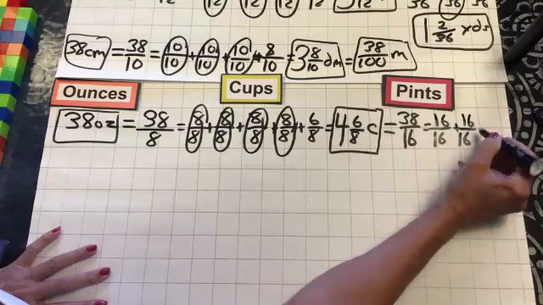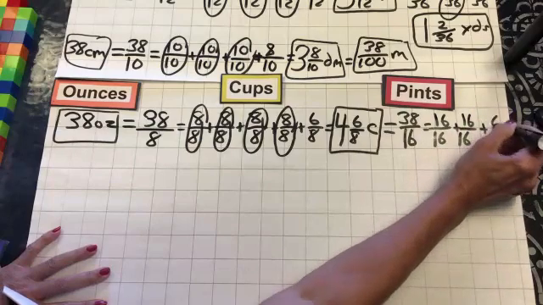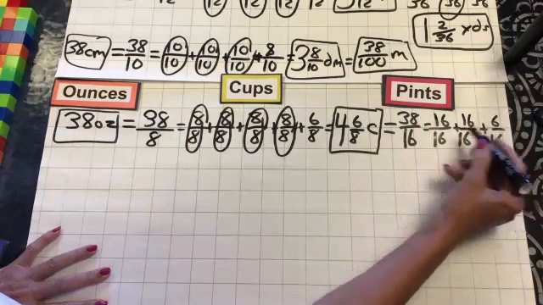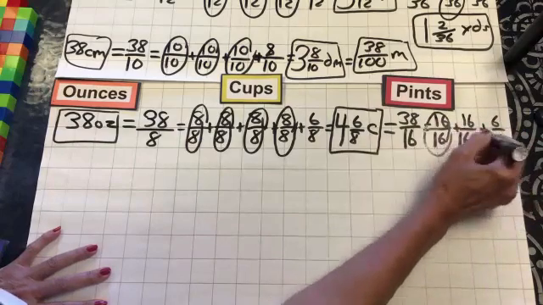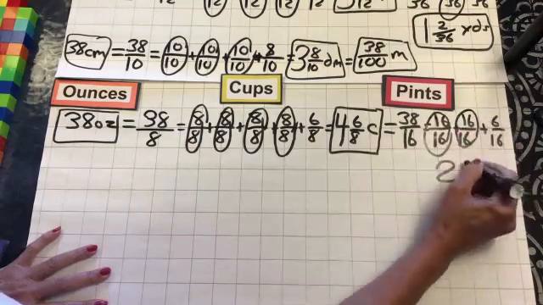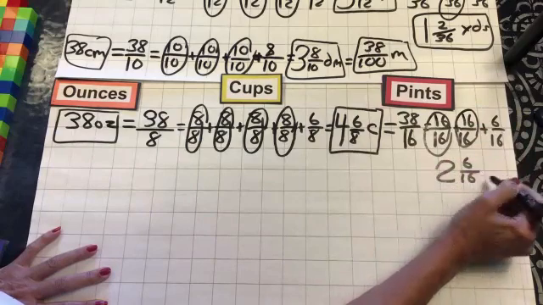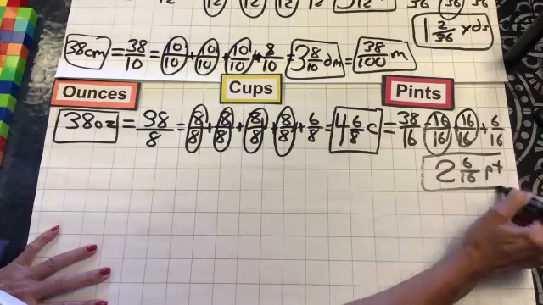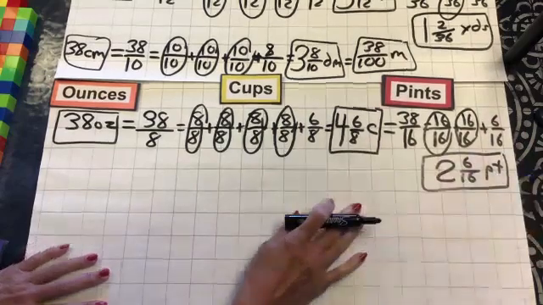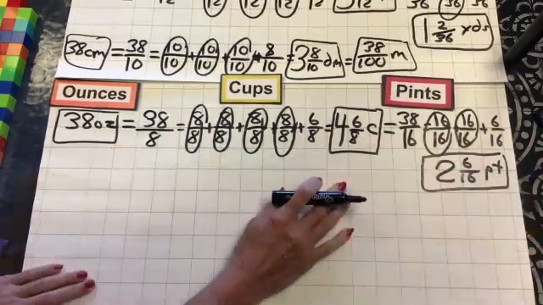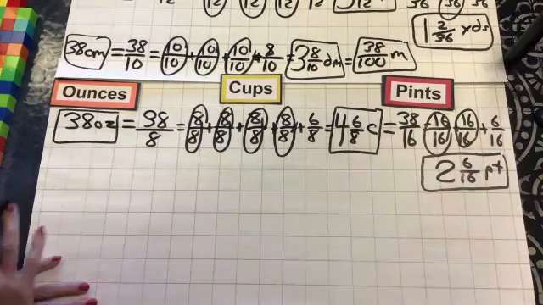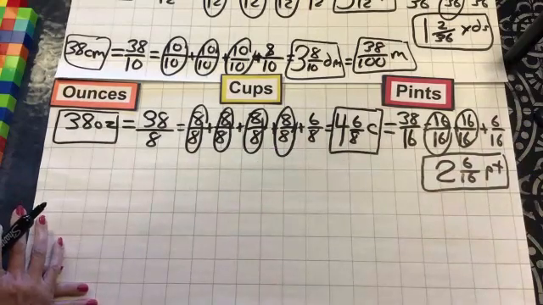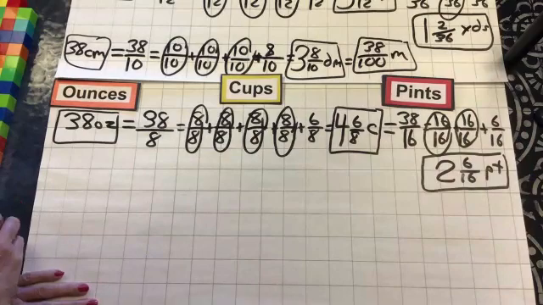That would be 32 plus 6 over 16. And we'll drop down here and we have 1, 2, and 6/16 pints. Now there's much more we can do with these different fractions and mixed numbers, but we're just going to go to this point. Try not to complicate it too much.